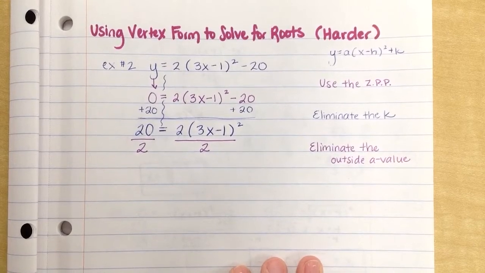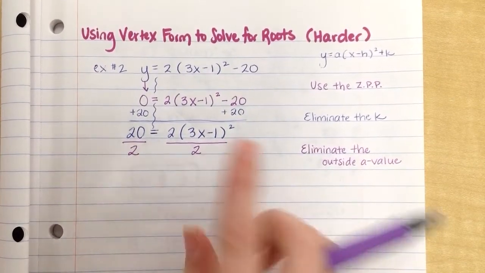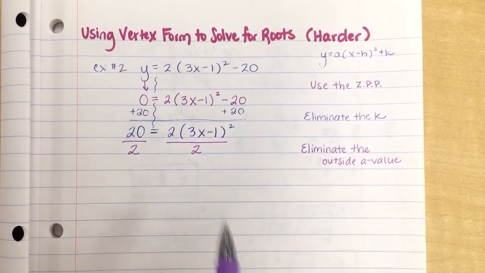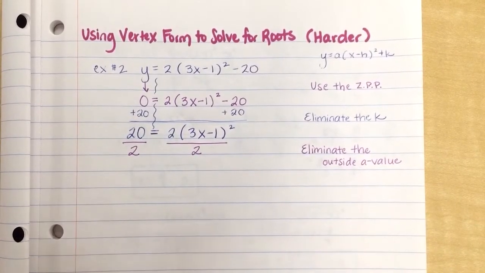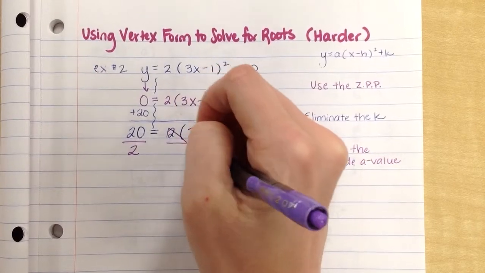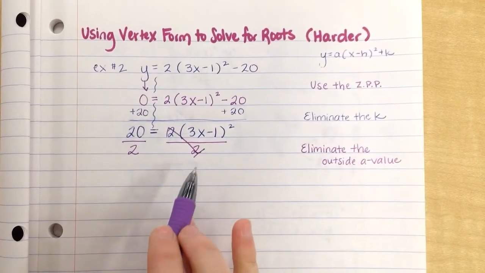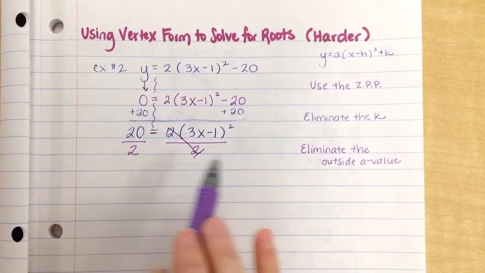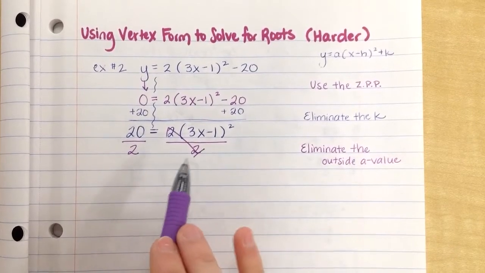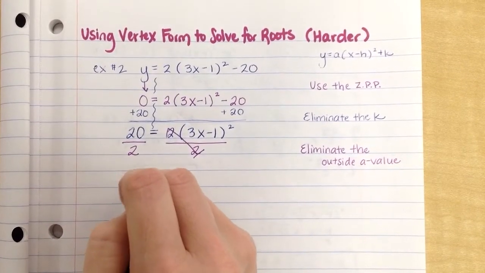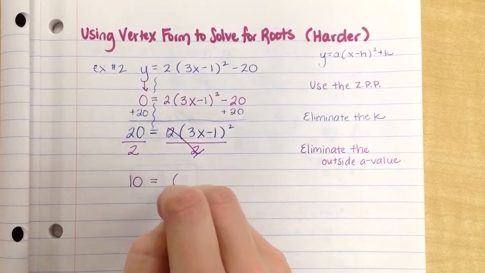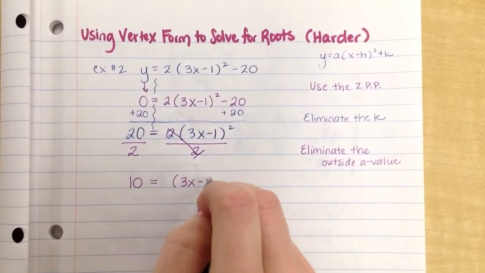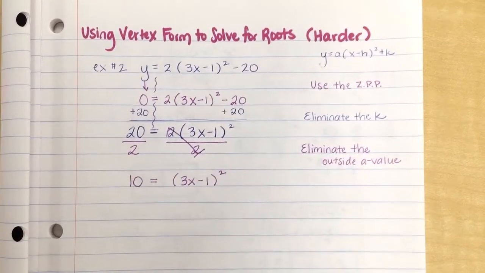I have seen it so many times, people being slightly lazy, and it makes an error for the whole problem. You forget to actually do the division, and then everything else after that is wrong. So I really encourage you to just take the extra 1.2 seconds and divide by 2 to both sides. Now we have the simplified equation, because 20 divided by 2 is 10, equals, parentheses, 3x minus 1 quantity squared.